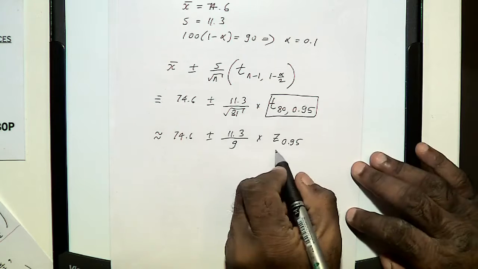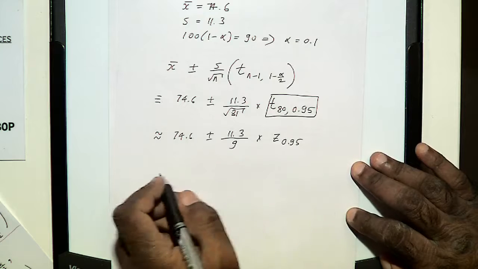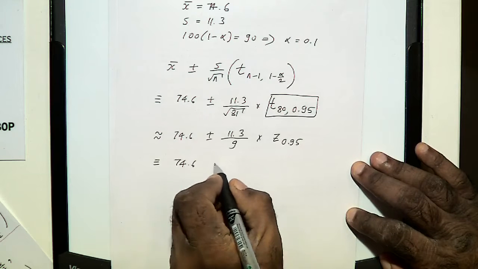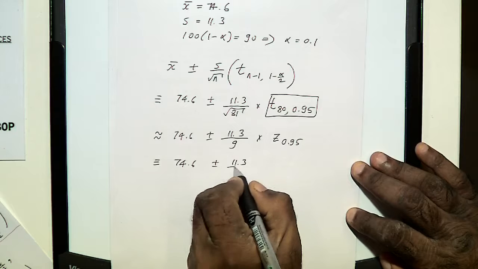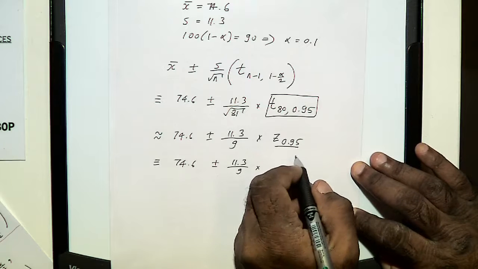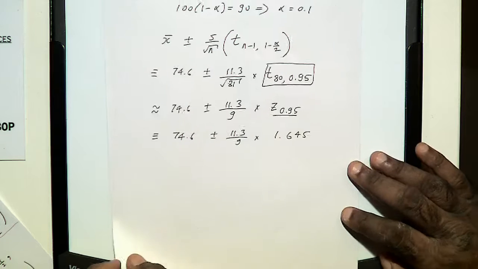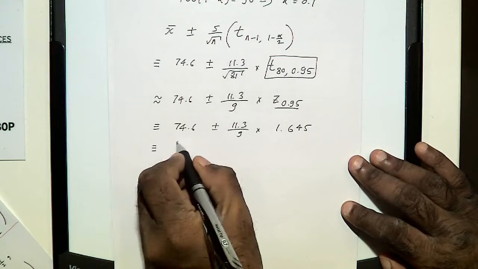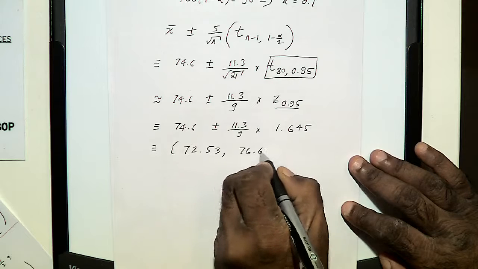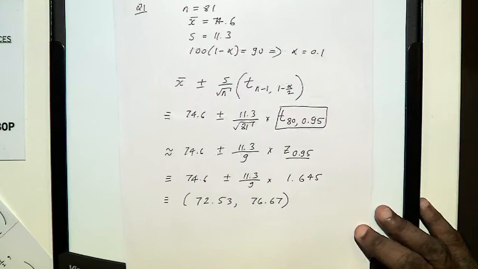Now you can read this off the table for the normal distribution, and you will get 1.645. So the confidence interval for the mean score has a lower limit of 72.53 and an upper limit of 76.67. So that completes question 1.